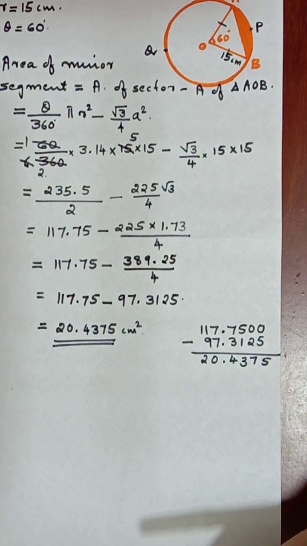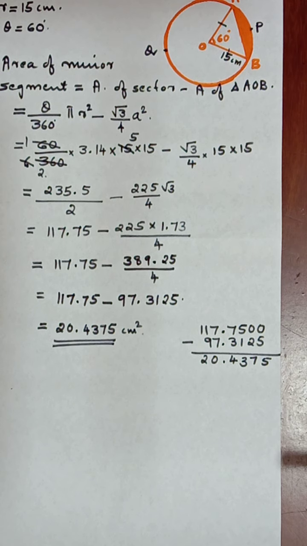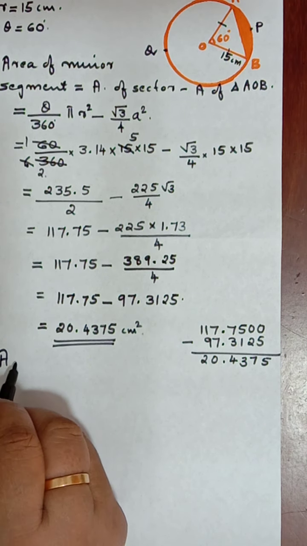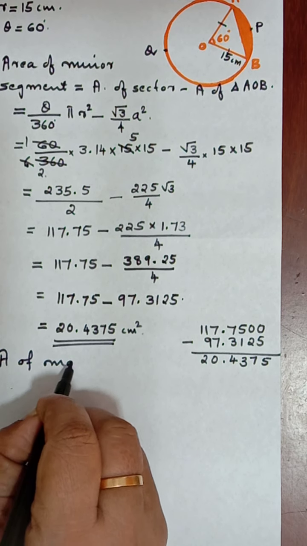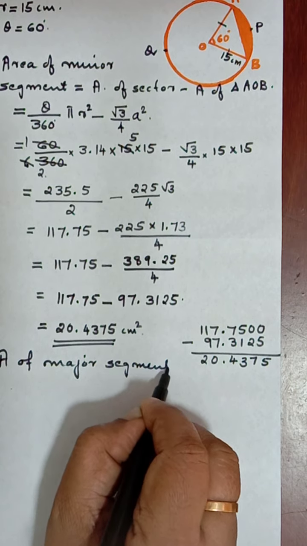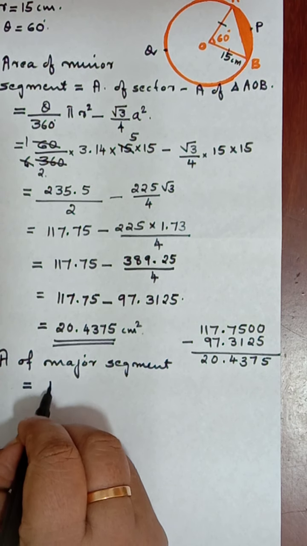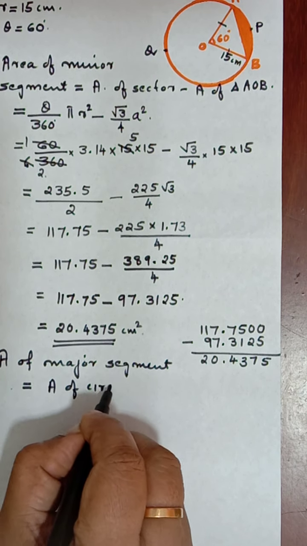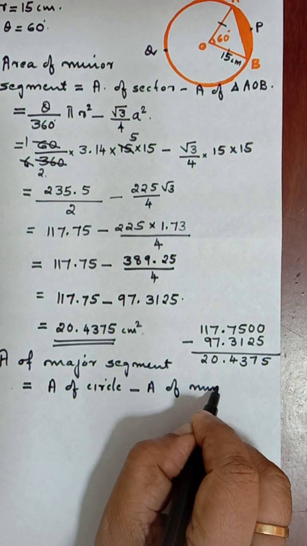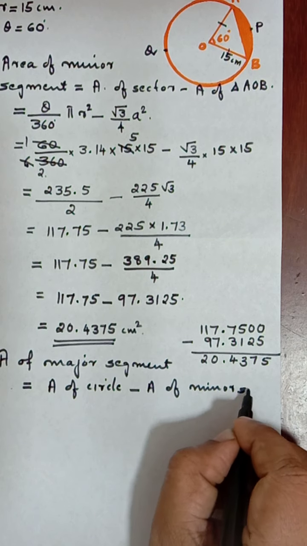Area of minor segment. Now it is easy to find out area of the major segment. How do we get that? That's the second part. Area of major segment. In the previous question you have seen, that is area of circle minus area of minor segment.